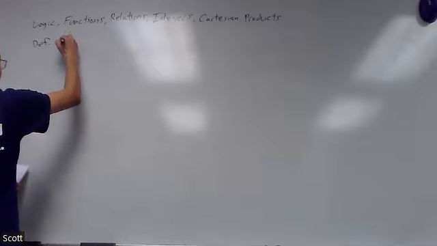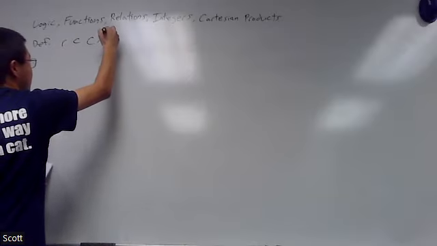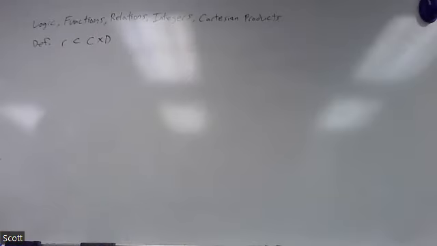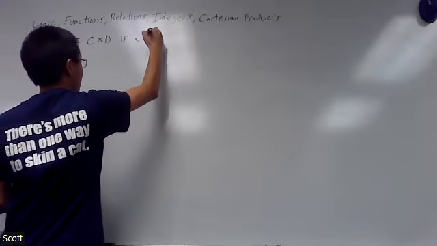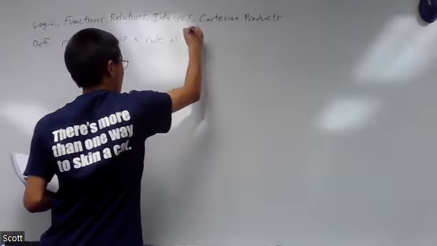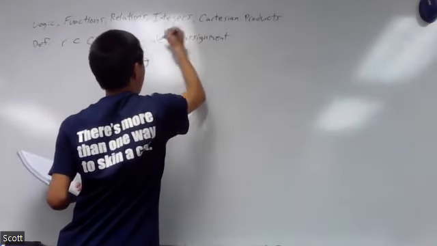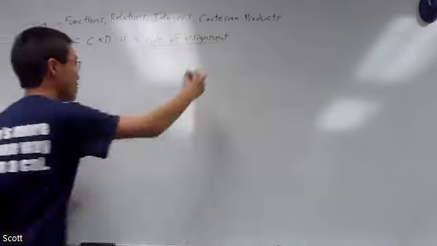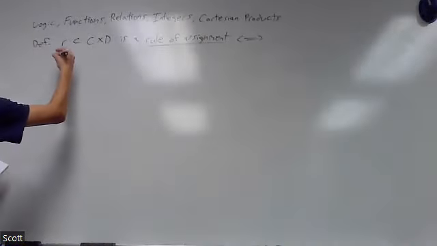So R, which is a subset of the Cartesian product between two sets C and D, we're going to call this a rule of assignment if and only if, and we're going to denote logical statements by hard brackets.